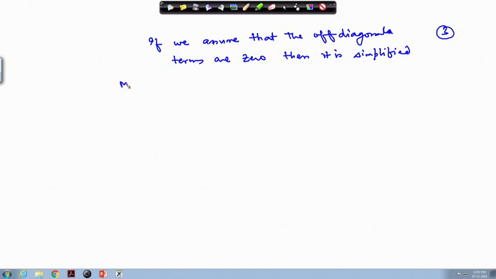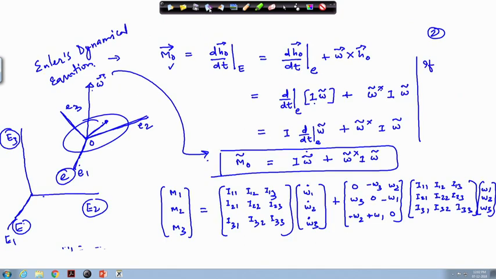And then how does it appear? This is m 1 and the next term will be I 1 1. All these terms, I 1 2, I 1 3, these are the off diagonal terms. Here on this side, these are the off diagonal terms, on this side these are the off diagonal terms.